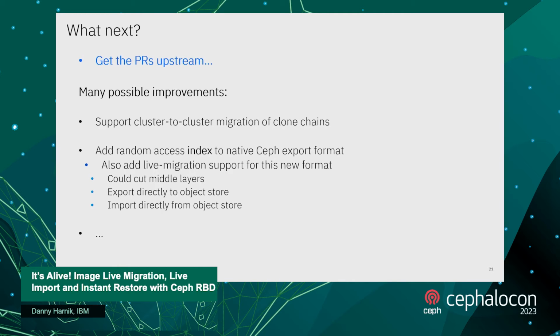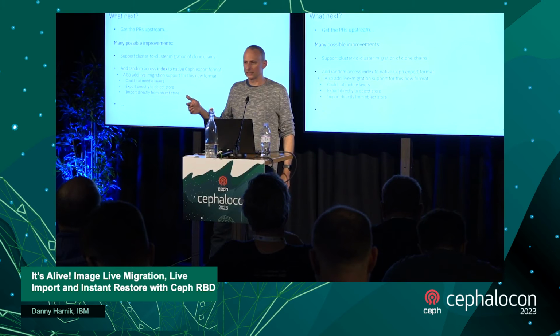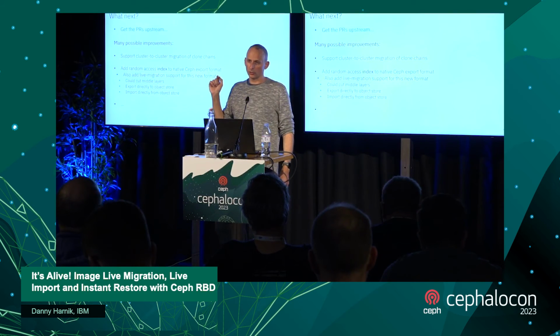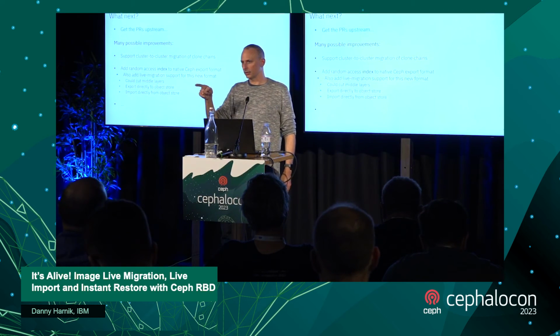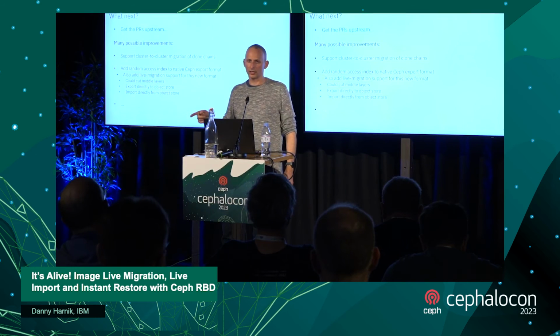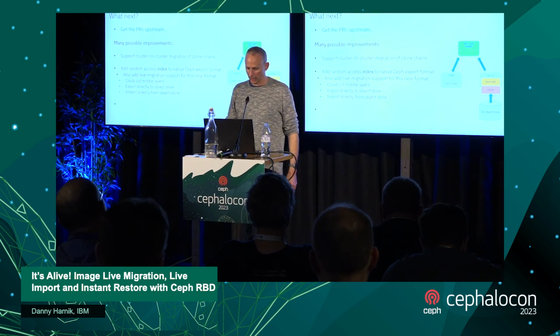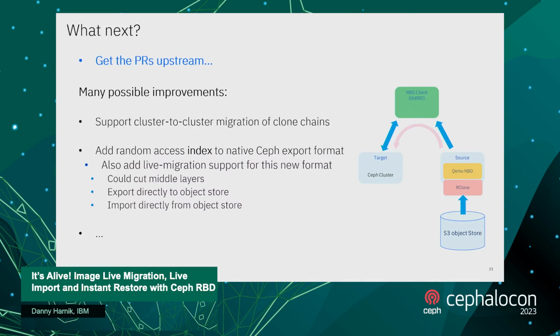And now, if we actually add support for this format with this index into the live import mechanisms, then you could go directly using the S3 interface and fetch everything from a native Ceph. So we'll cut, again, I don't like all this noise of the stack here.